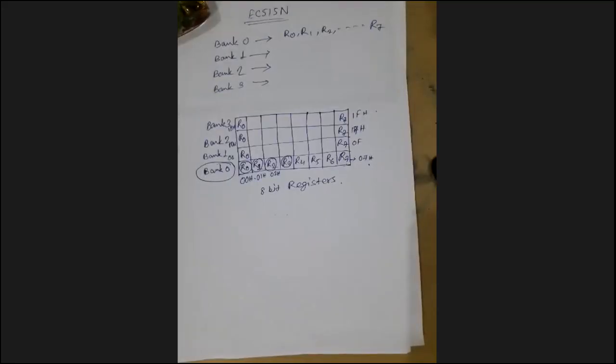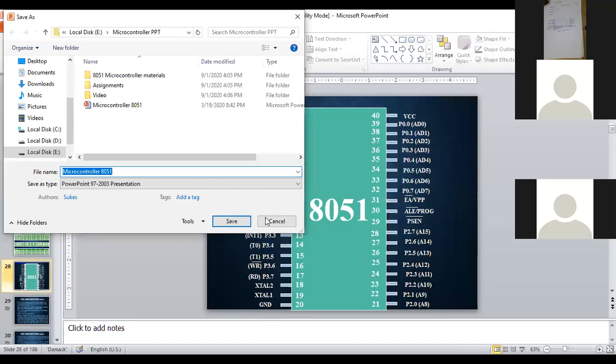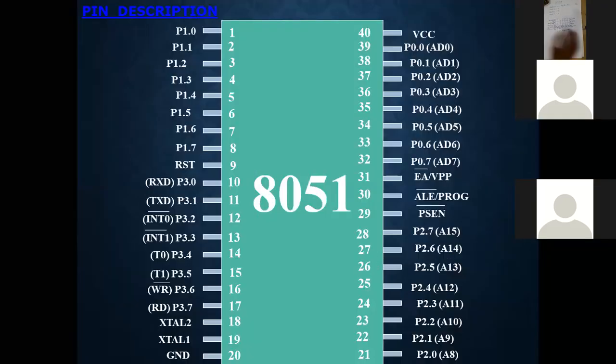Somehow it is not showing the proper one. Now is it visible? Yes, sir.